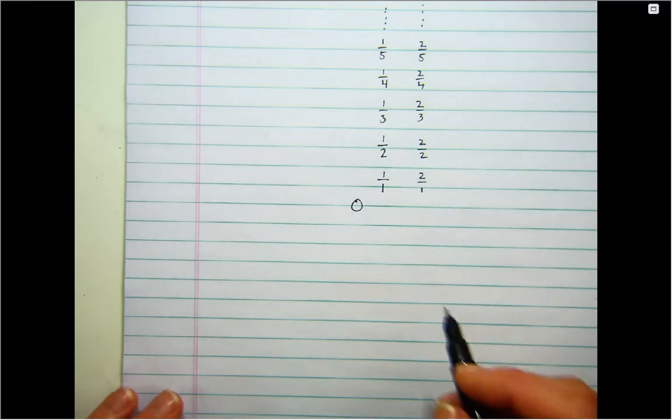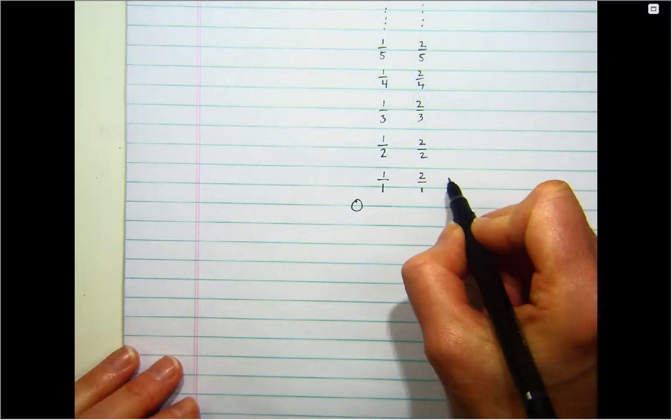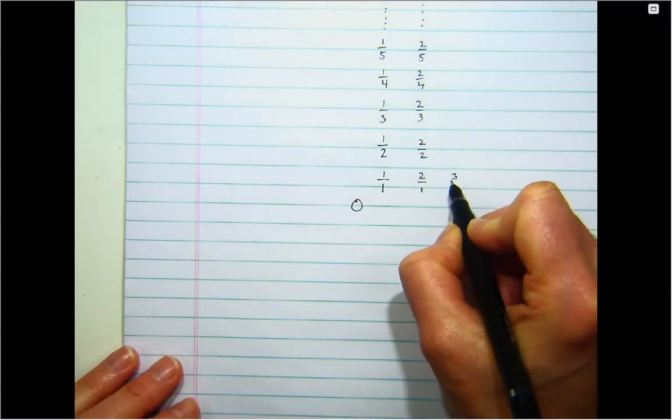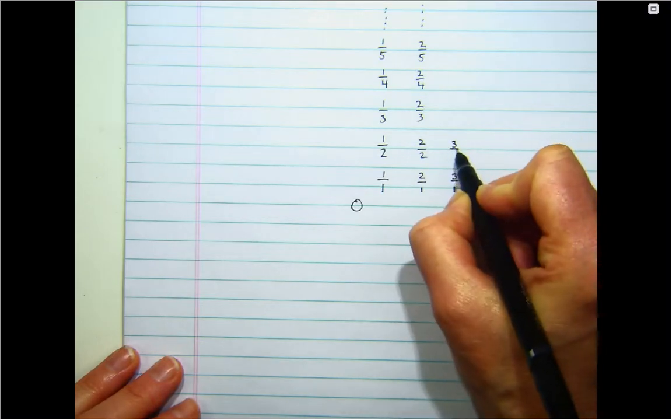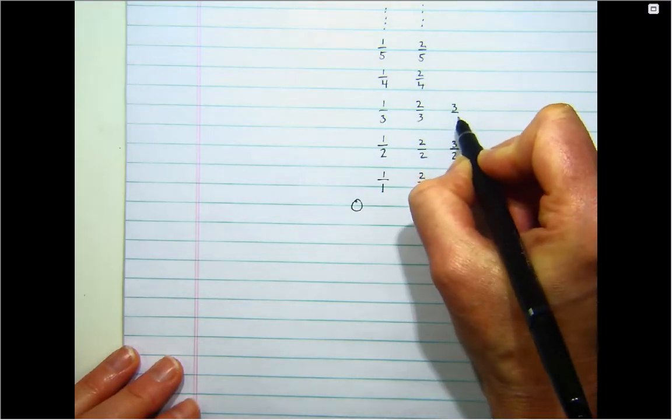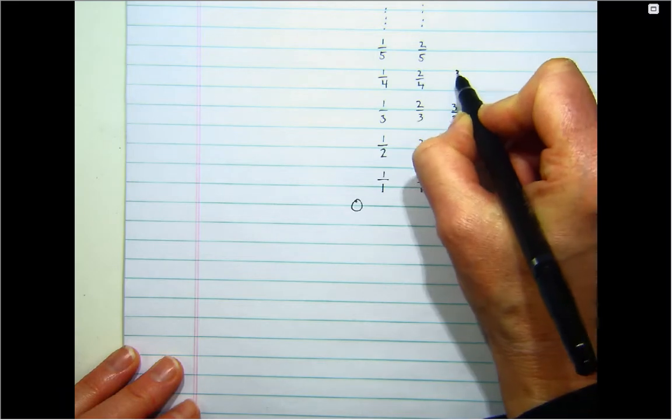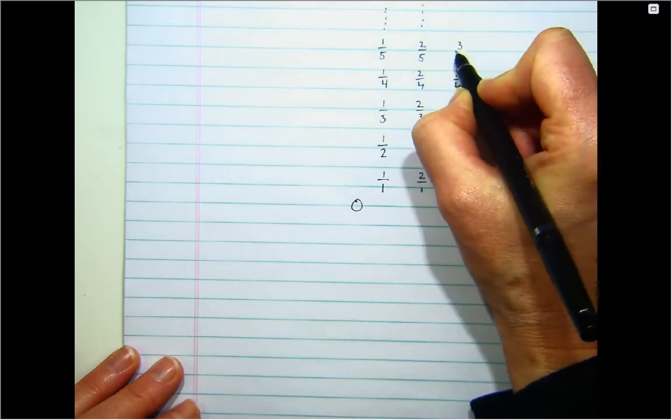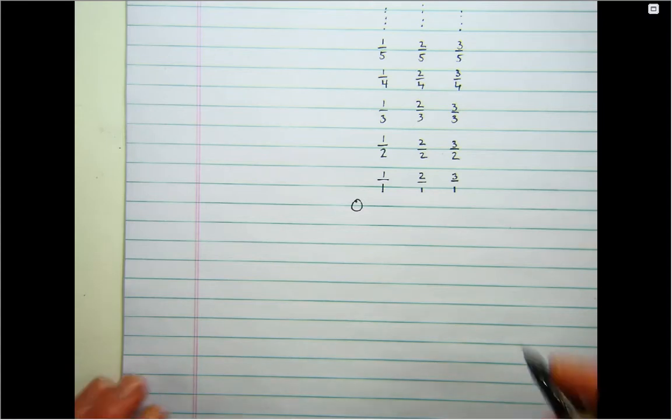So 2 over 1,000,000 is way, way up there, but it's on my list. Now I'll start all the fractions that have a numerator of 3: 3 over 1, 3 over 2, 3 over 3, 3 over 4, 3 over 5, dot, dot, dot. So we're just making a column now for each possible integer in the numerator. So my next column will have 4s in the numerator.